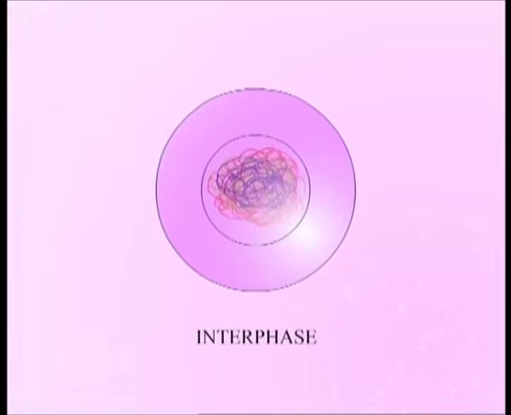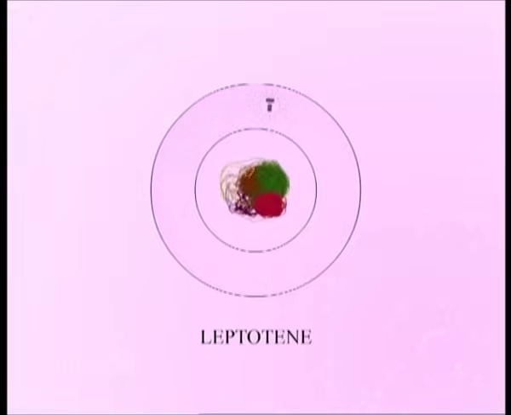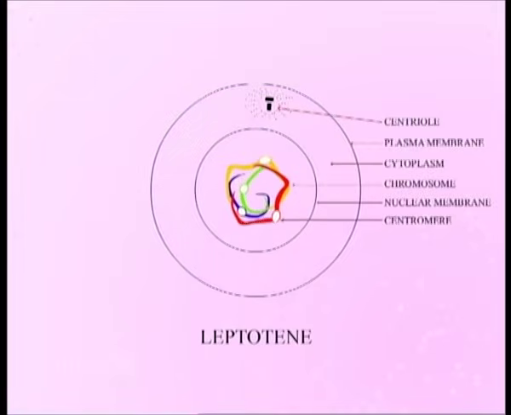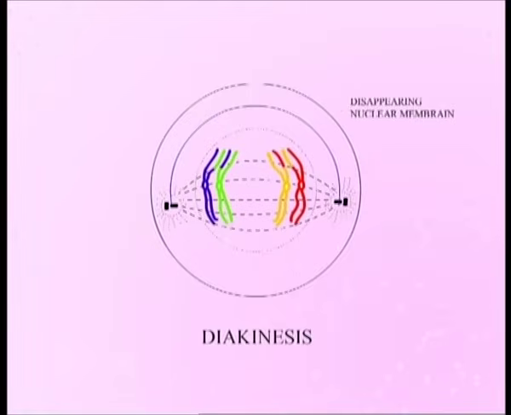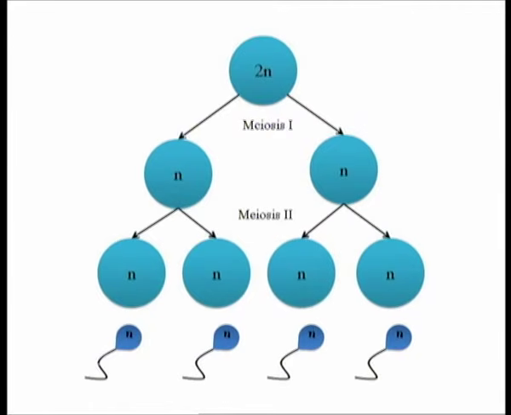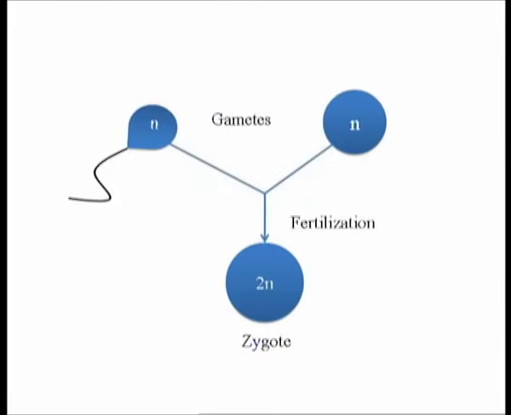Meiosis establishes new combination of characters due to number 1, mixing of paternal and maternal chromosomes, and number 2, crossing over during prophase I. As a result, the progeny inherits traits of both mother and father in a new combination.